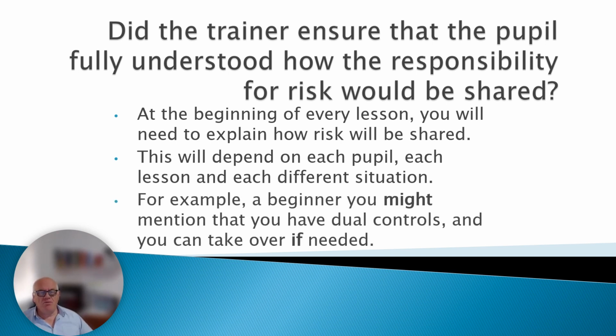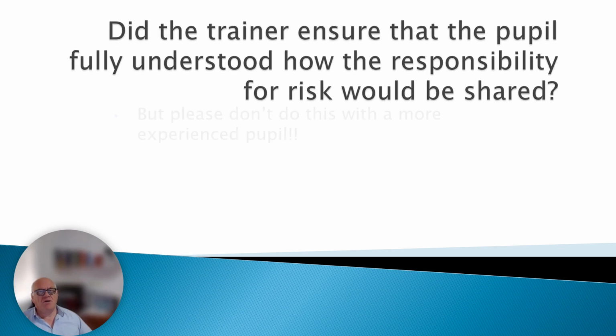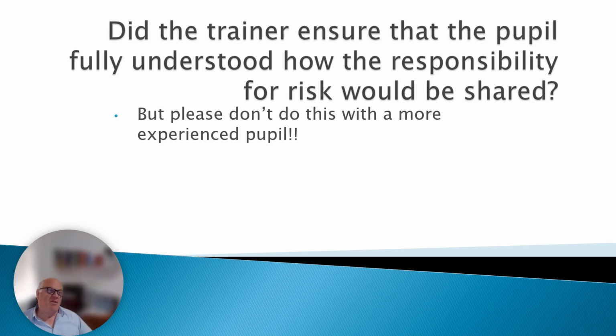For example, you might mention to a beginner that we have dual controls and that you could take over if necessary. But you wouldn't want to do that with a more experienced pupil. There's a common misconception around social media websites when people say you must tell the pupil that you have dual controls.